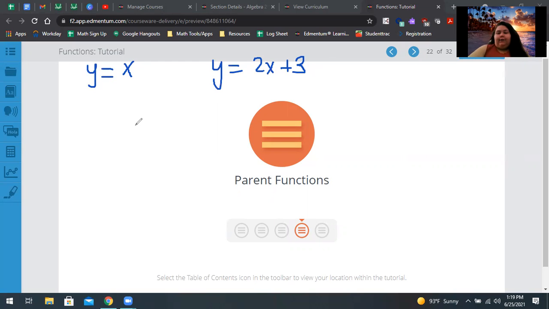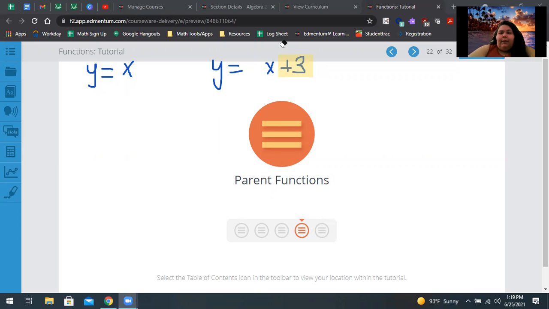So parent functions are like the foundation of each function that we're going to see. But do you see the difference? The new changes here are that the x got multiplied by 2 and then they added 3. If we were to take those away, it looks exactly like the parent function.